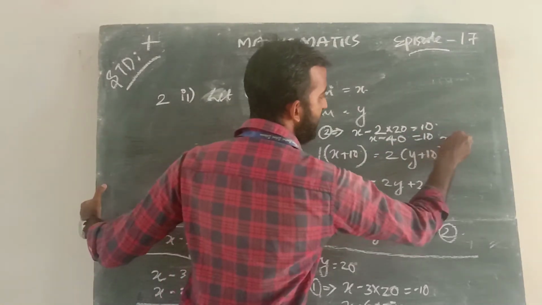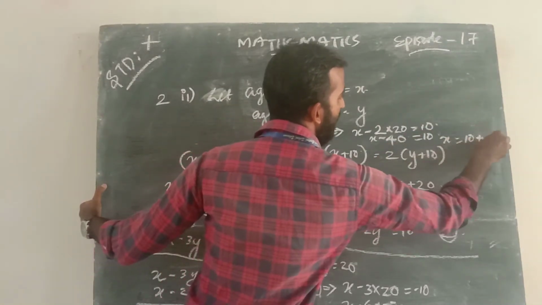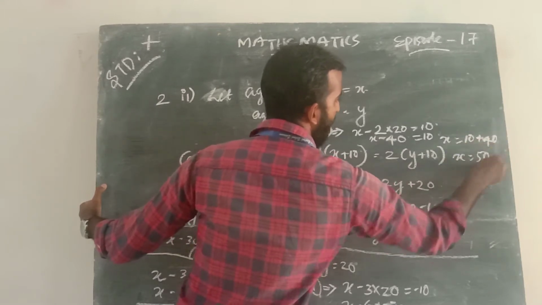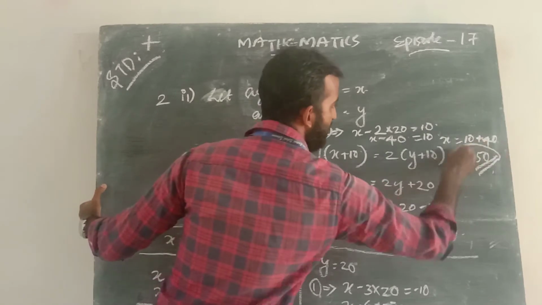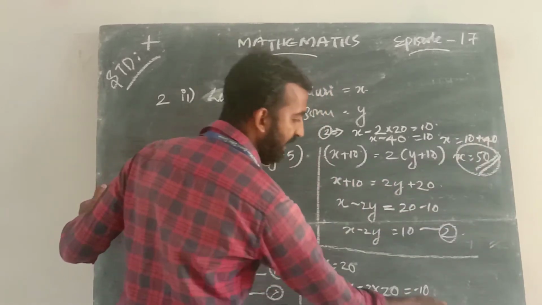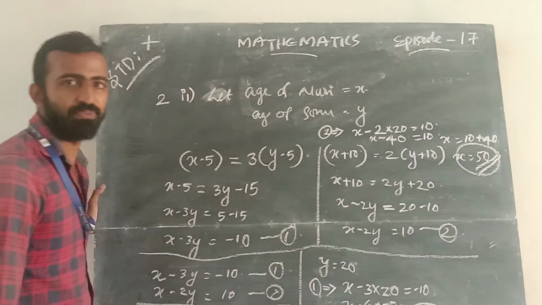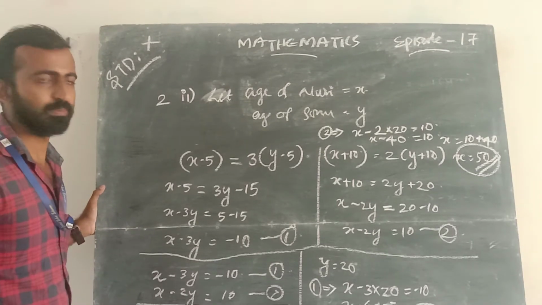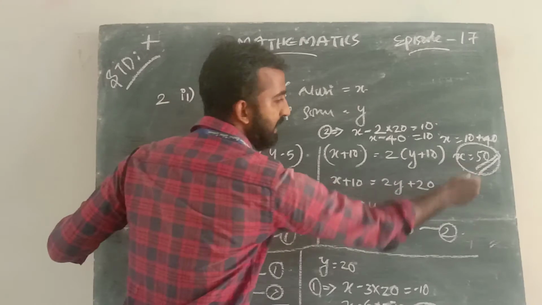That is x equal to 10 plus 40, that is also 50. So here we also get x as 50. The answer is the same.